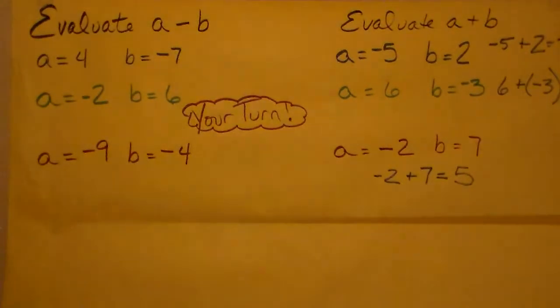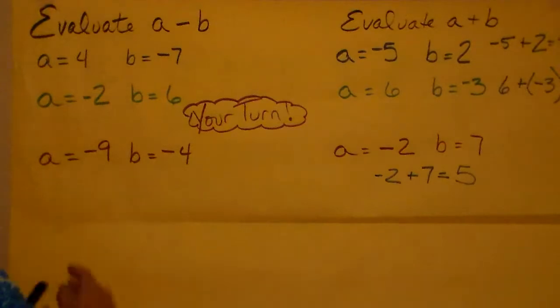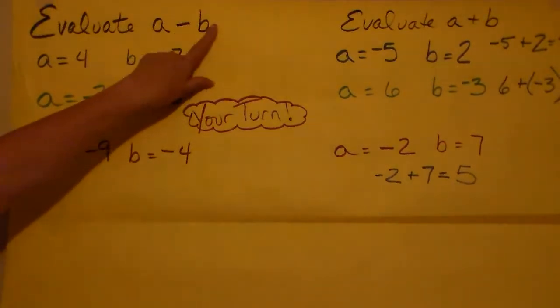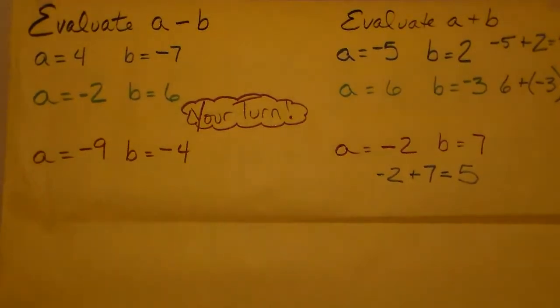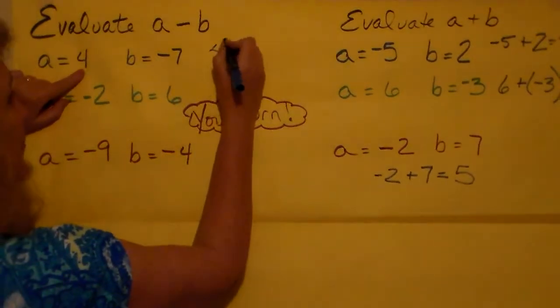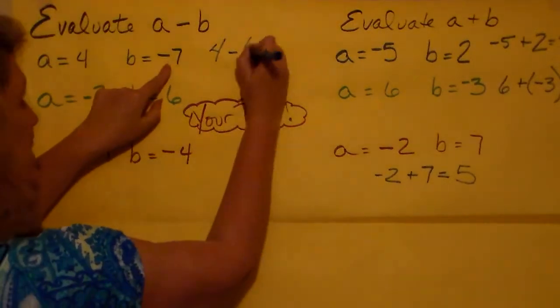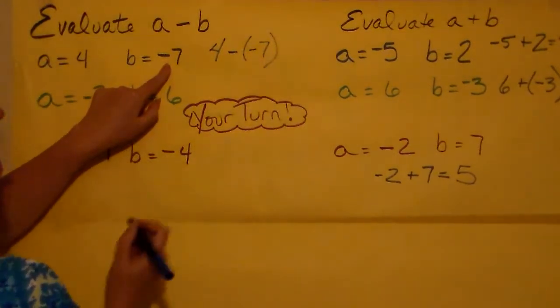Okay, remember when we started this yesterday? We're finishing it. We're going to do this half. What happens when it's A minus B? So here we have our A equals 4. So we're going to have 4 minus B, which is negative 7.